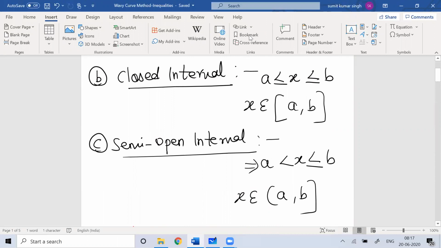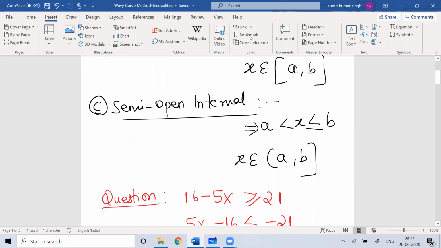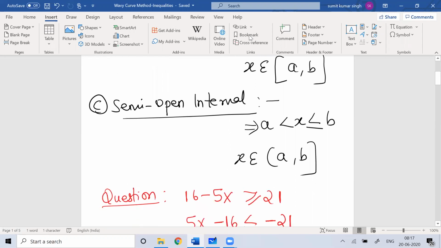Here you can see the value of x is from A, but it's not inclusive of A. That's why I use an open bracket for A, while the value up to B is inclusive of B, so here I'm using the closed bracket. That will help you to understand this relationship.